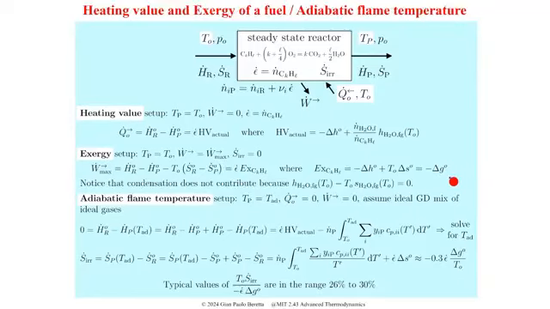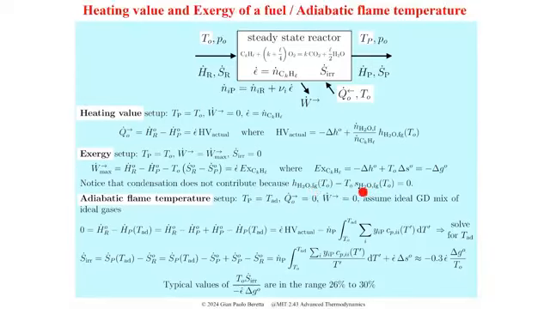And notice that in this calculation, while here you only have the enthalpy difference, and in the enthalpy difference you need to account for condensation, here you have the enthalpy difference, but also the entropy difference, and they are multiplied by the temperature T0. So one brings in the enthalpy of vaporization, the other brings in the entropy of vaporization, and they are related to one another.